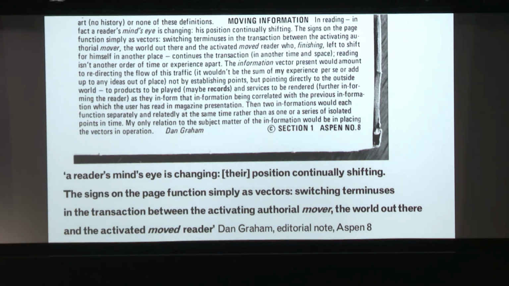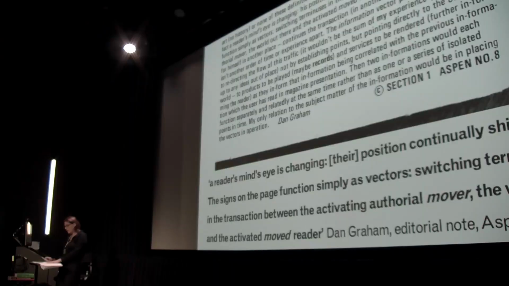And here, in Aspen, the use of a multi-format and loose-leaf approach was accompanied by explicit editorial statements and contributions to embed emerging theories of active readership within its curated contents.